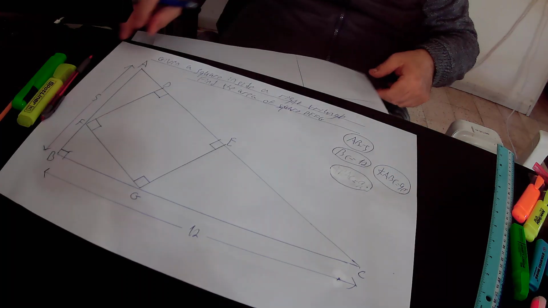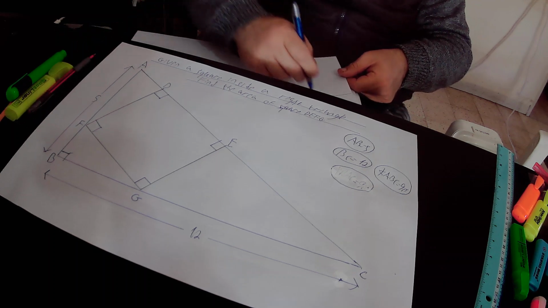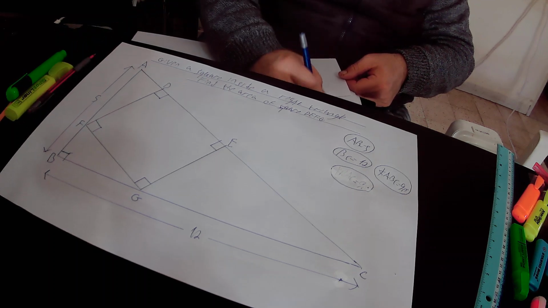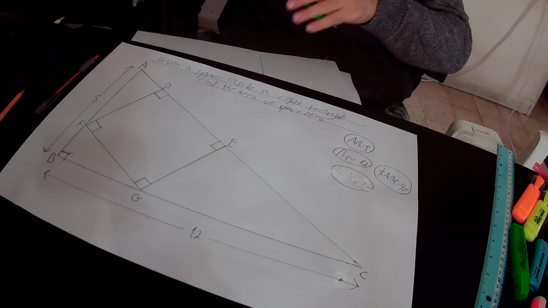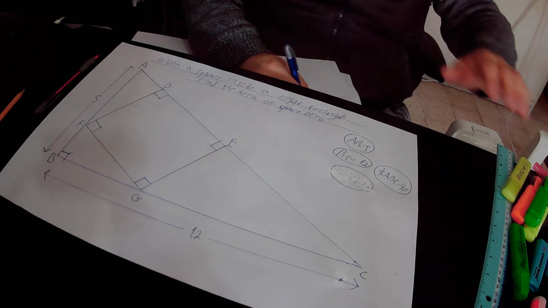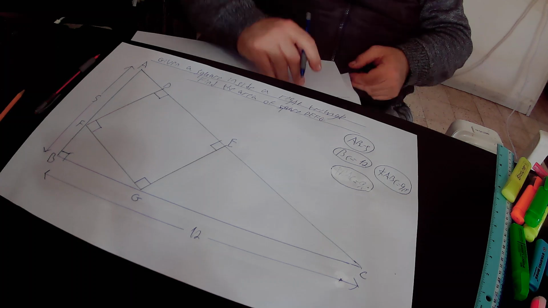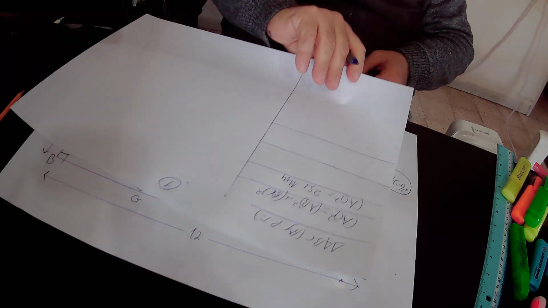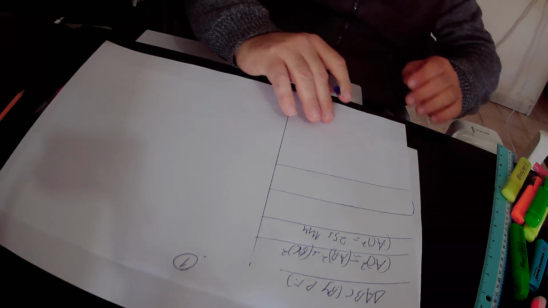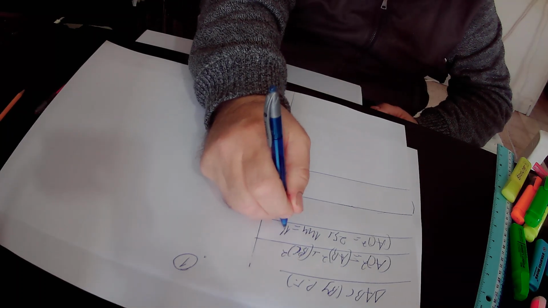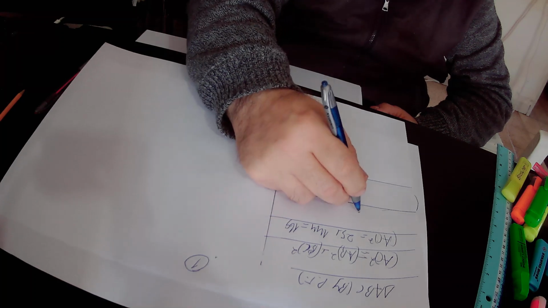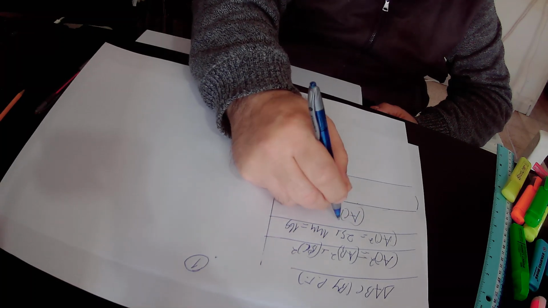AB is 5, therefore AB square is 5 square, that is 25, plus BC square. BC is 12, therefore BC square is 12 square, that is 144. In conclusion, AC square equals 25 plus 144. 25 plus 144 is 169. So AC square equals 169.